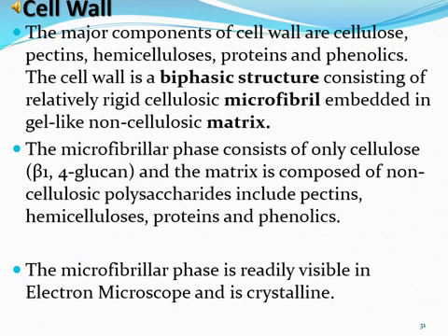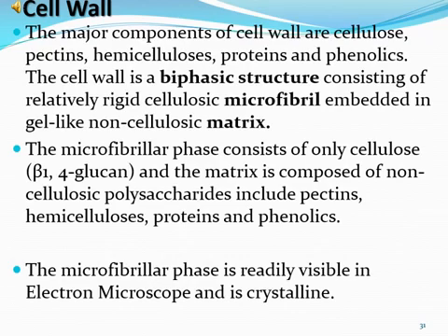The major components of the cell wall are cellulose, pectins, hemicelluloses, proteins, and phenolics. The cell wall is a biphasic structure consisting of relatively rigid cellulosic microfibrils embedded in a gel-like non-cellulosic matrix.